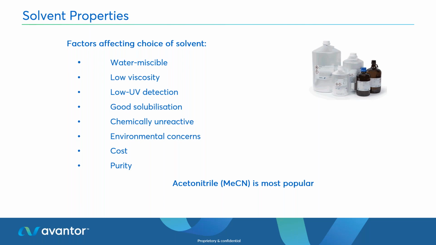You know, it works really well at low UV. We don't have much background. It's very good with different types of buffers as well, so we can use lots of additives and different types of buffer salts with acetonitrile. So that's a couple of the main reasons.